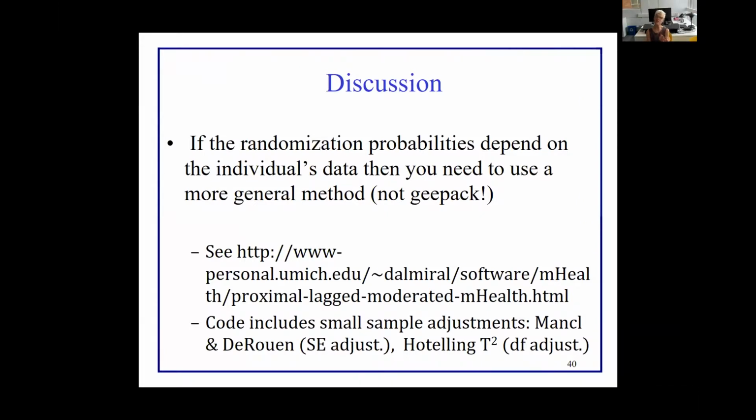Why do we need small sample adjustments here? It's because when you form your alternative hypothesis by using a low-dimensional alternative hypothesis, in this case linear or quadratic, you're able to use both between-person contrasts as well as within-person contrasts. This means you can use smaller sample sizes, and you really do need these small sample adjustments. That's absolutely critical here, and his code includes all of that, which is quite nice.